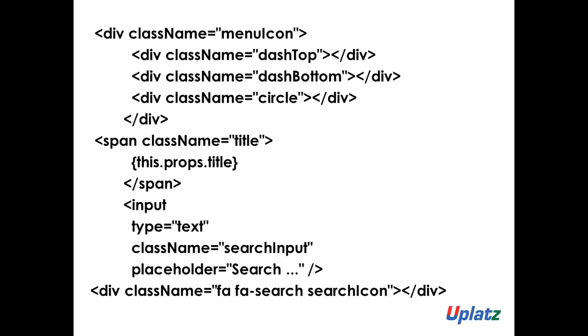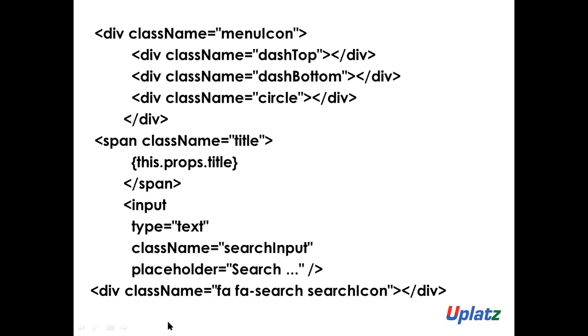These are the divs. Next, I have a title which is inside a span tag. For the title, I'm passing through props. It's called this.props.title, which means this will receive a title from the parent component.